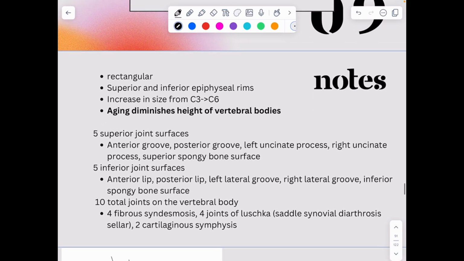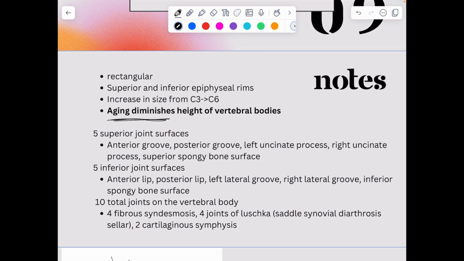So, describe a typical cervical vertebral body and its joint surfaces. So normally, the body is rectangular. It has superior and inferior epiphyseal rims. It increases in size from C3 to C6, and aging diminishes the height of the vertebral bodies. That's what I was talking about, right? And then there's 5 superior joint surfaces.